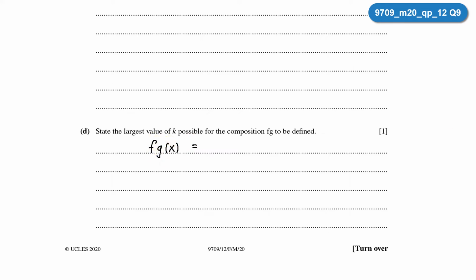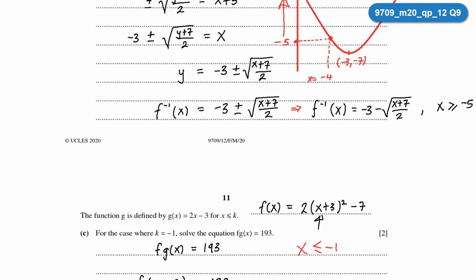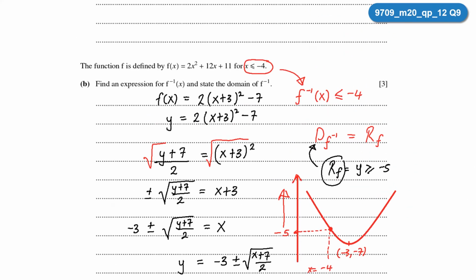If we go back up to part B, the domain was that for f of x, x should be less than or equal to minus 4, which means whatever gets into f of x should be less than or equal to minus 4.